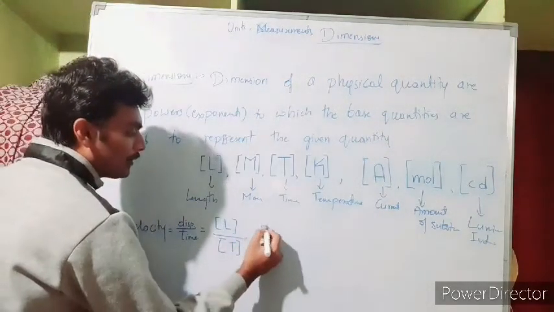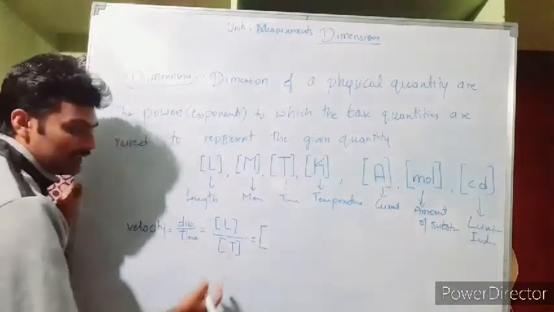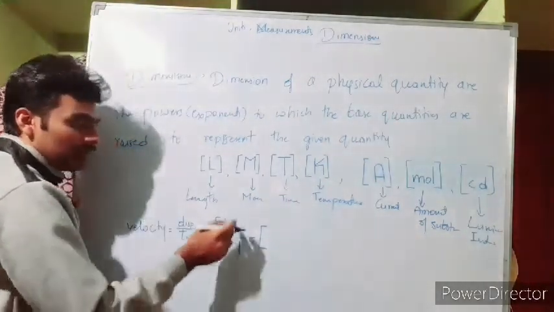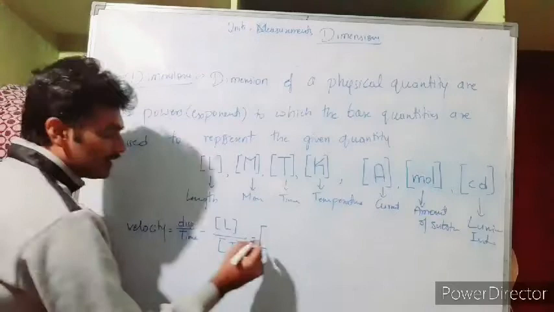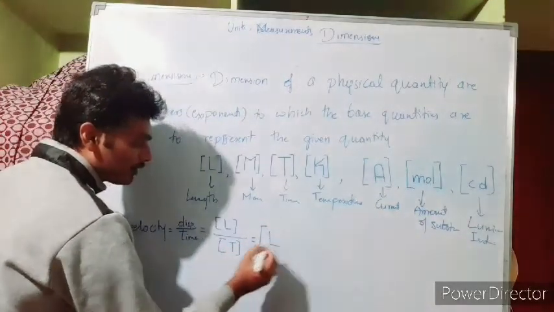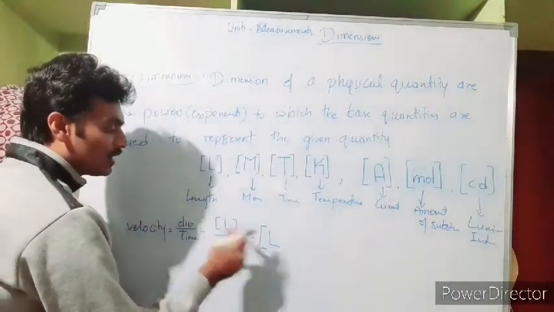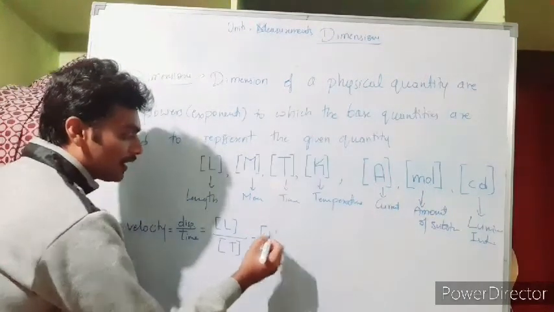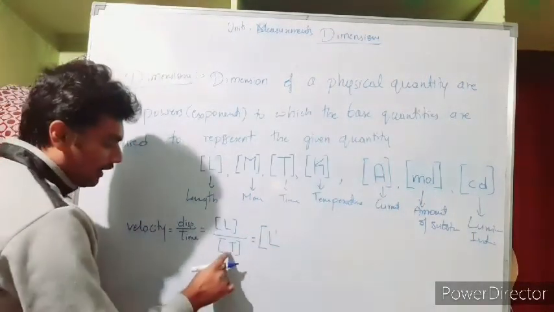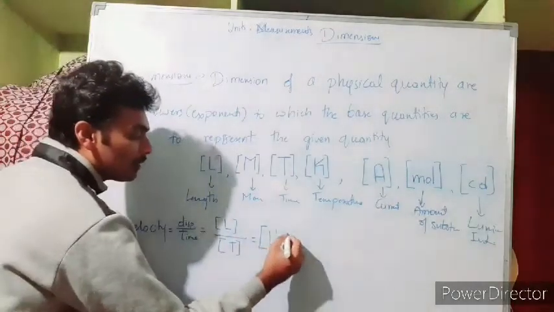And when I put them together, this is also fine, we can keep it as such, but we generally make use of powers to represent this. Since it is only L, I can write that as L raised to 1, right? And then T comes to the numerator and becomes minus 1.